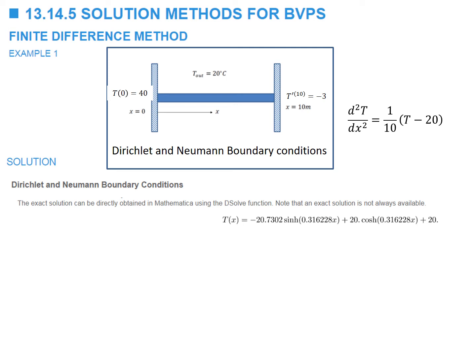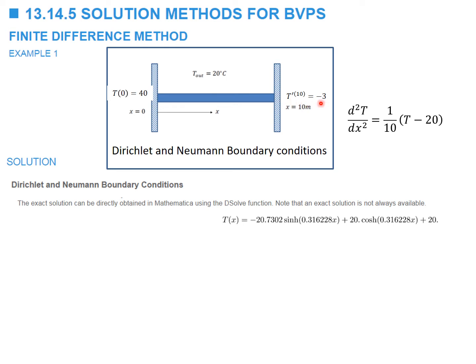Alright, so we're going to solve now the same problem, but given two different boundary conditions. Mixed boundary conditions. The first one is a Dirichlet boundary condition. The temperature here is given. Here we don't know the temperature, but we know the rate of change, or the derivative of the temperature with respect to x.